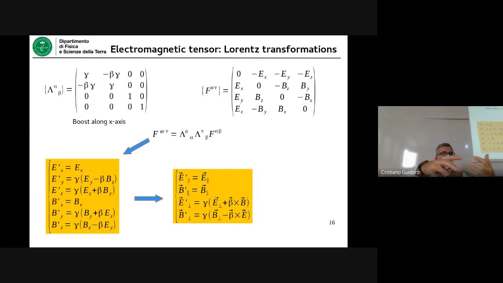As a result, there is Faraday's induction. So at some point they feel an electromotive force.